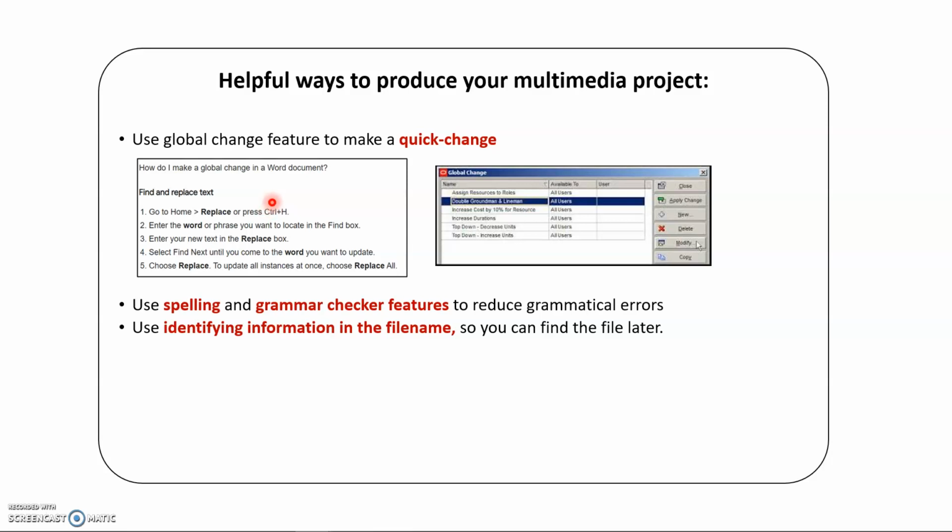For example, you accidentally wrote the wrong title for your project, and you want to change the spelling of the title. You can just find the word and replace it with the correct spelling, and it will automatically search for the word and replace it. Here are the examples you can try.